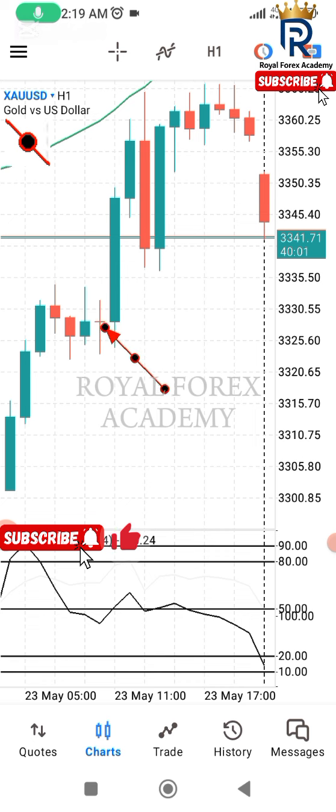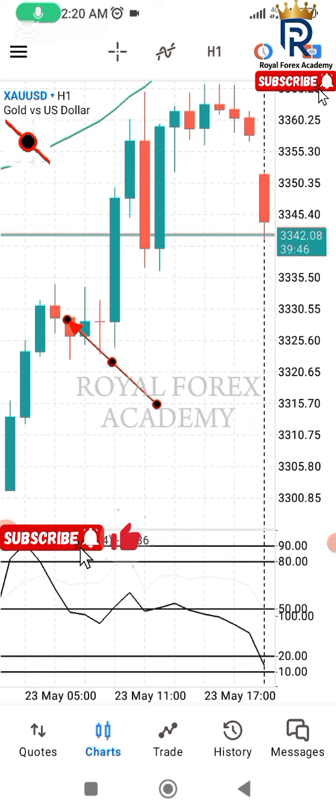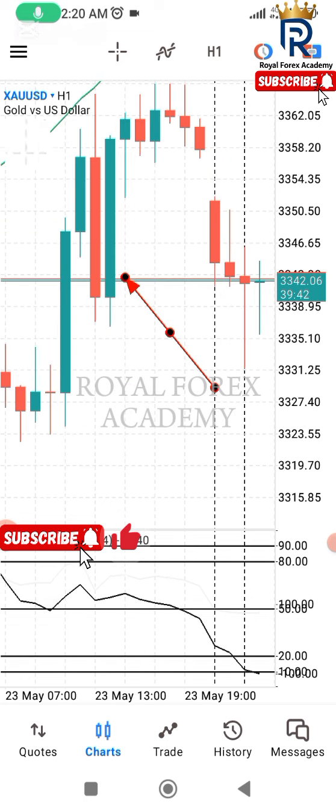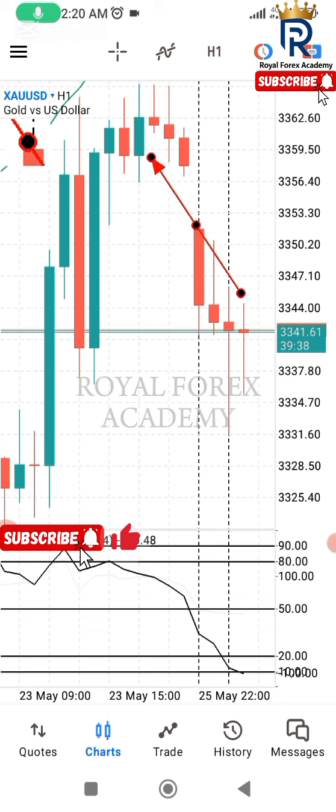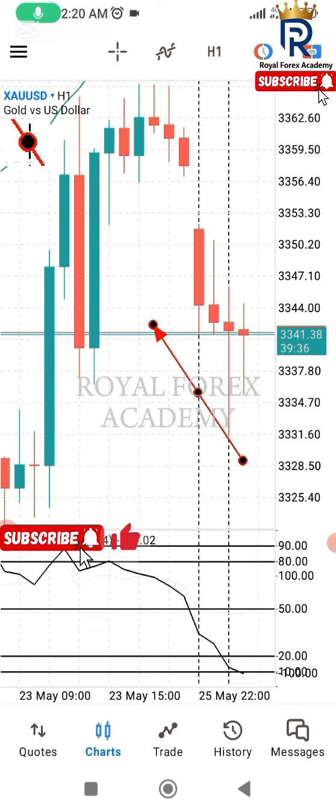The price opened here and then closed without a body. Even in this scenario, based on this particular candle, you realize that nobody won, because we don't know whose side the strength belongs to.